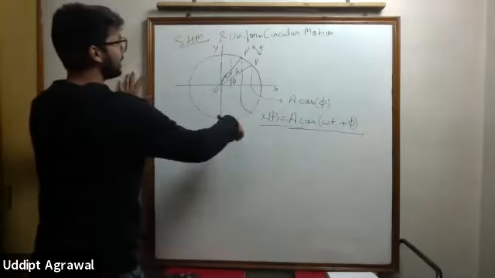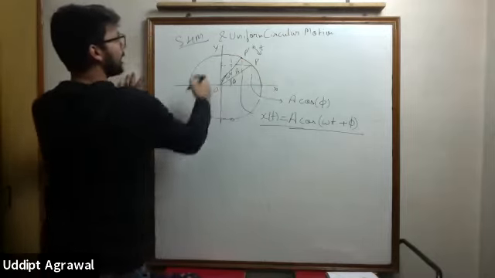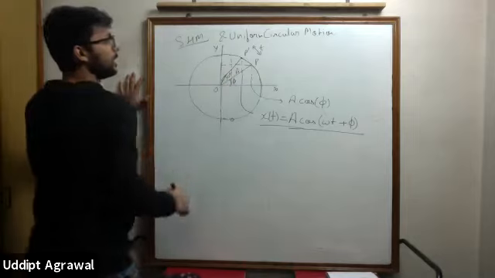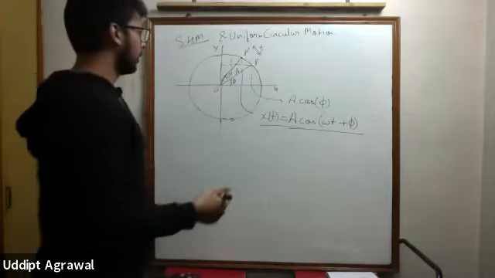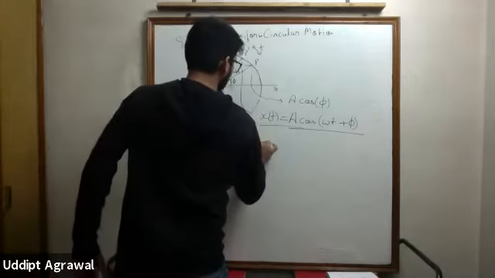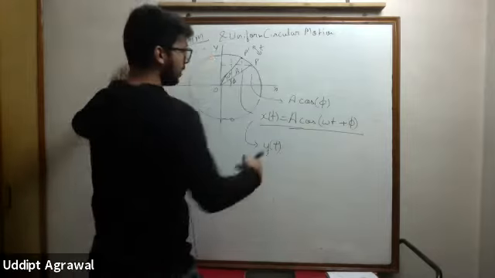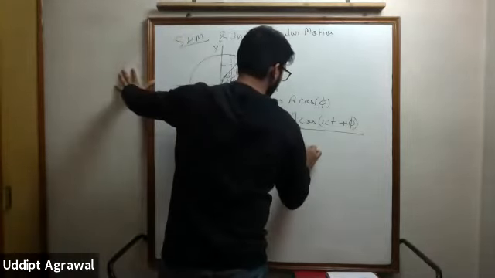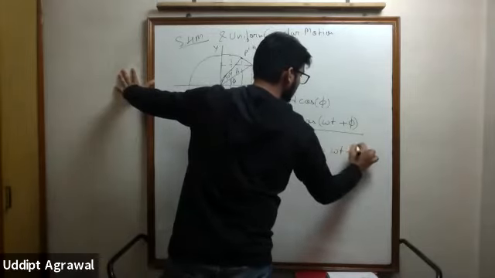Now, if I had taken the projection on the y-axis, I would be taking sine of these angles. Say I write it as y(t); on the y-axis this would simply become A sin(omega t plus phi).